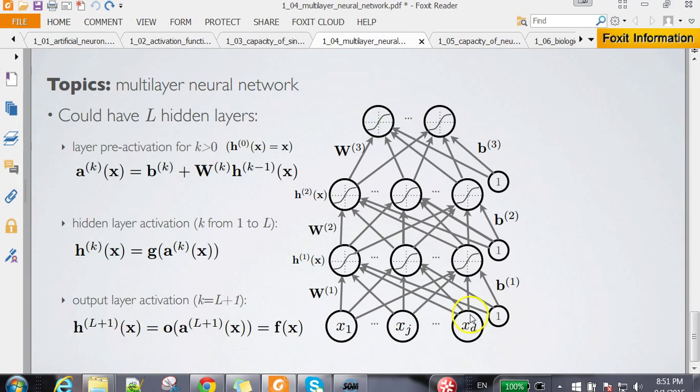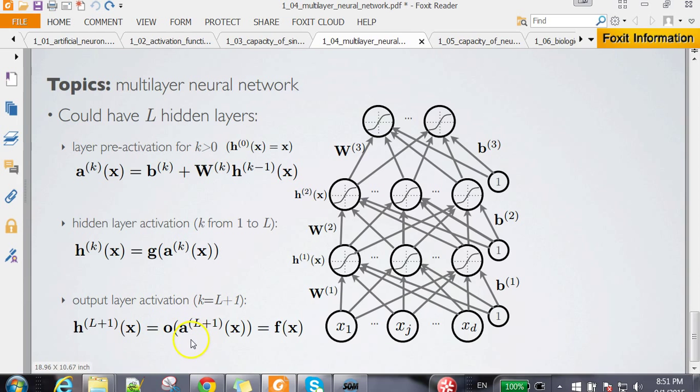Okay, so you need to realize that. This x does not refer to the original x matrix. It does at the beginning, but when we use it for A2 or A3 or whatever, after A1, it refers to what's coming out of the neurons here. Okay, so you need to understand that.